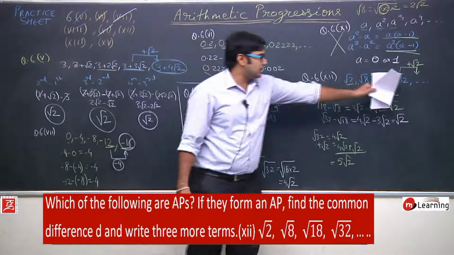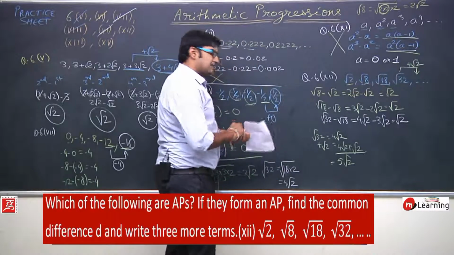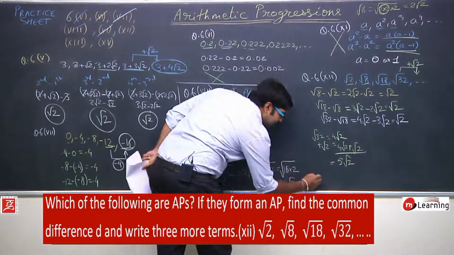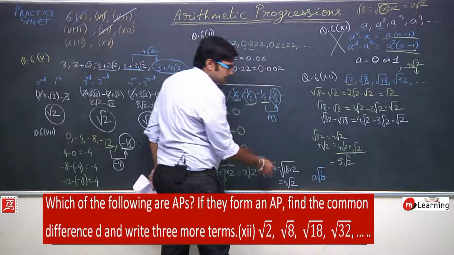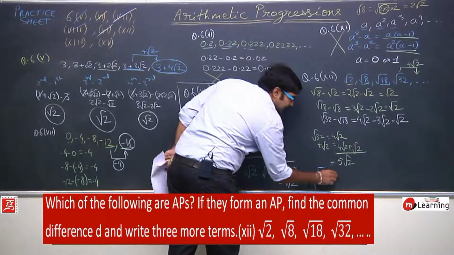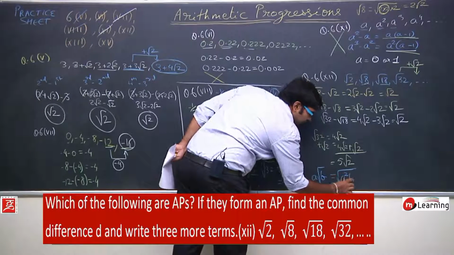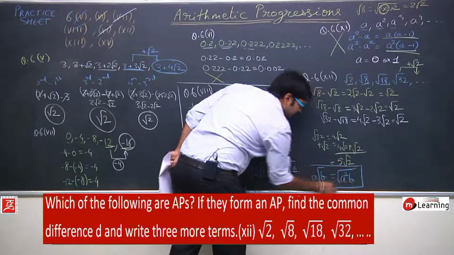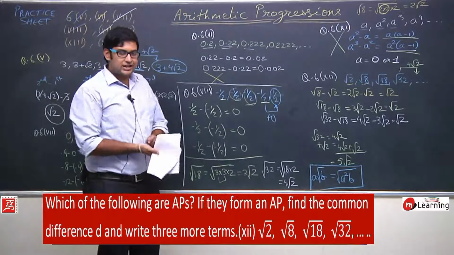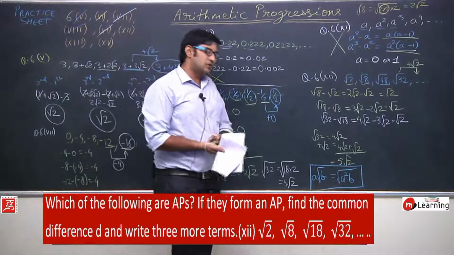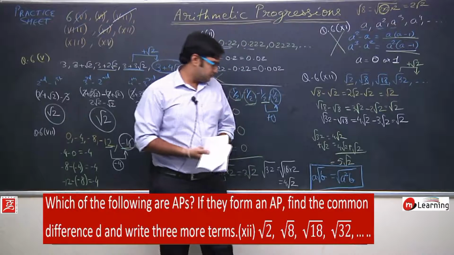So the next term will be 5 root 2, or you can use a simple identity. Try to observe this: a root b is basically equal to root of a square b. This is a very simple identity, derived from the chapter on exponents that you studied in your junior classes.